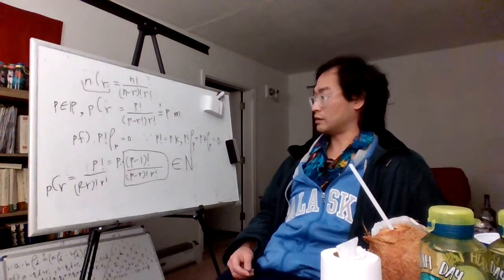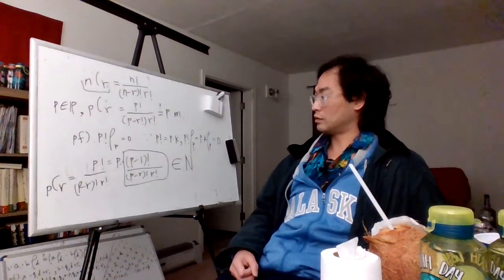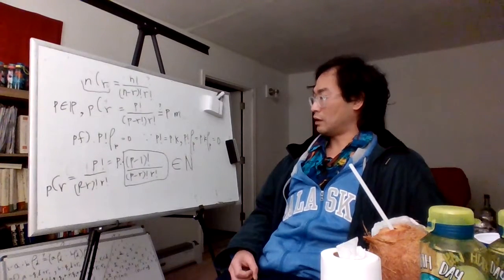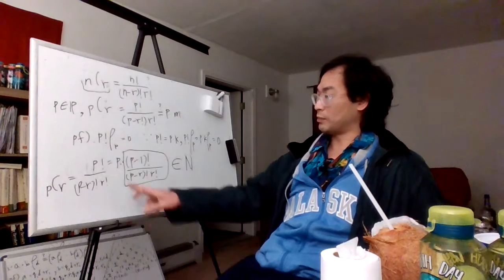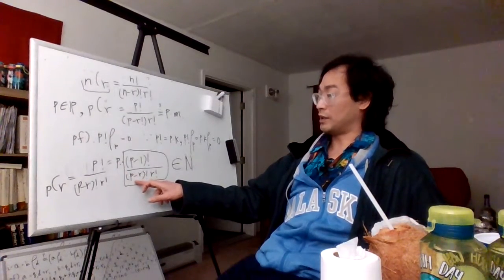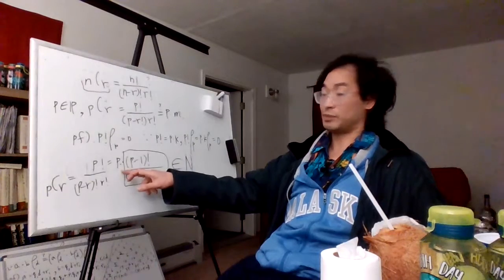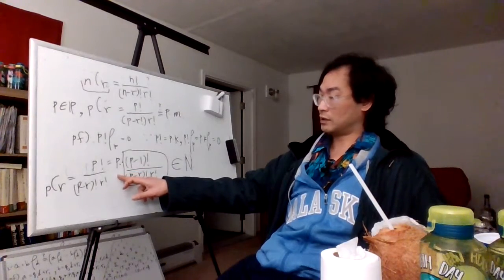Now the question is, will this p disappear somehow? No. Why? Because p is a prime number, and p minus r is a number less than p, and r is also some number less than p, and it will not have any common factor with p because p is prime.